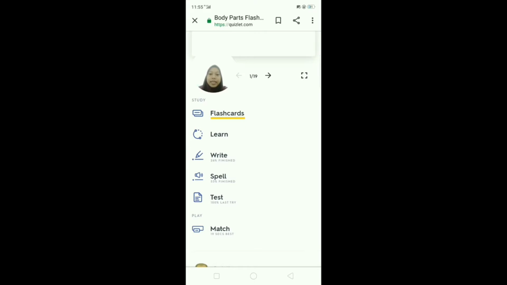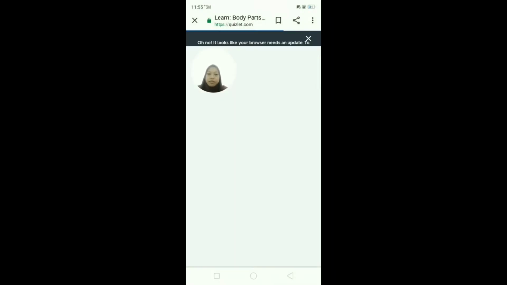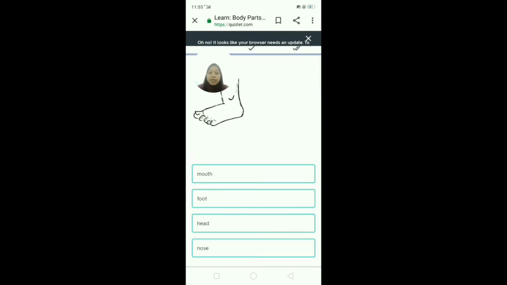The second button is Learn. Learn creates an adaptive study plan that will guide students from basic to mastering.